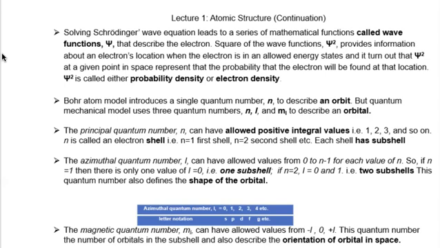You see, the Bohr atom model introduces only one quantum number, that is n, which we call an orbit. But the quantum mechanics model gives 3 quantum numbers, which you get from the Schrodinger wave equation, that is n, l, and ml, to describe an orbital.